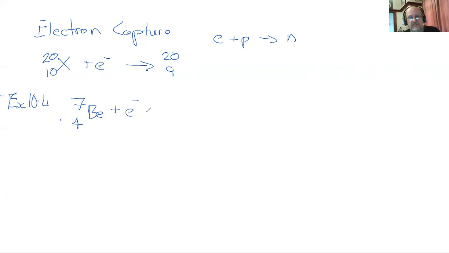Feel free to pause it at this point if you want to do it yourself. So what do we end up with? The number of nucleons stays the same, but now the proton number changes down. We lose one of the protons, it turns into a neutron. So this becomes 3 and it's going to be lithium. So it's going to turn into lithium 7.